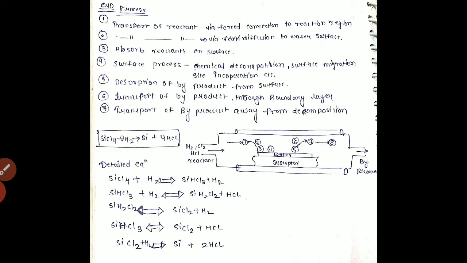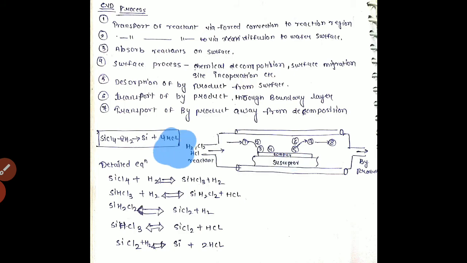The reactant is HCl, which is going to react with the trichlorosilane. We supply our reactant by forced convection of gases. After that, diffusion of the reactant takes place, then absorption of the reactant, and then surface processes of chemical deposition and surface migration occur. After the process, silicon is produced and deposited on the wafer, and desorption also occurs, producing HCl.